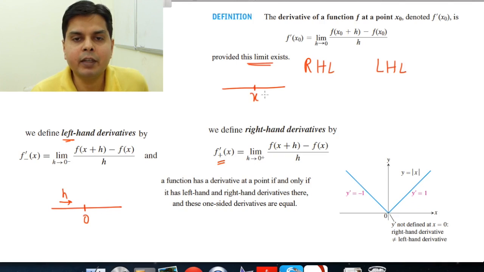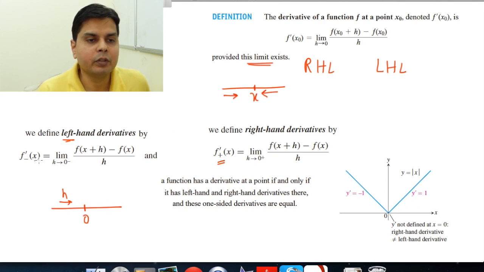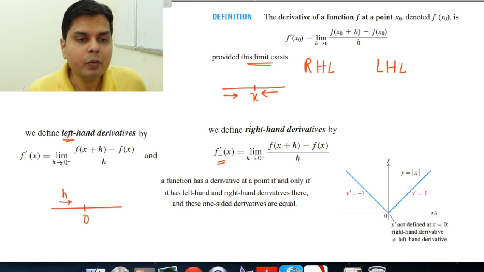For the right hand derivative you are approaching x from this side, that is from values greater than x, because x plus h is positive. For the left hand derivative you are approaching x from this side, that is from values less than x. Why? Because h is negative, so x plus h will be less than x. So this will be limit h tends to 0, f(x plus h) minus f(x) divided by h.